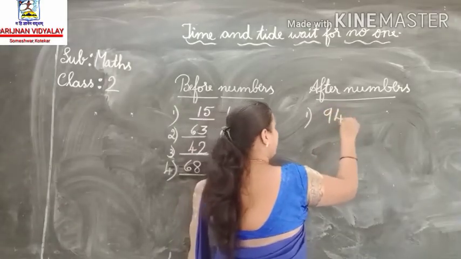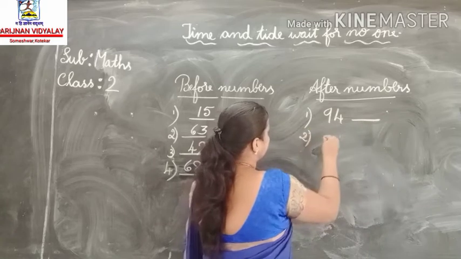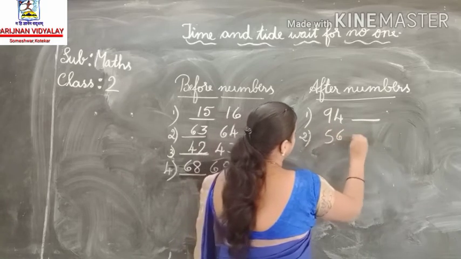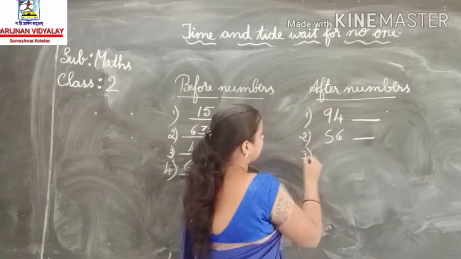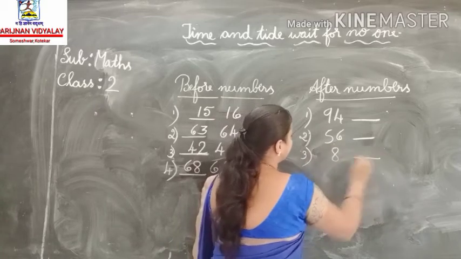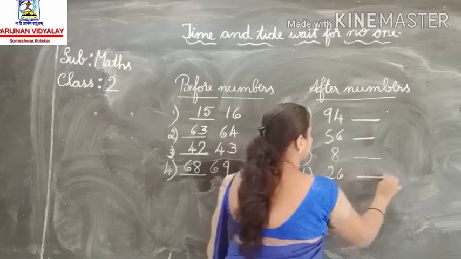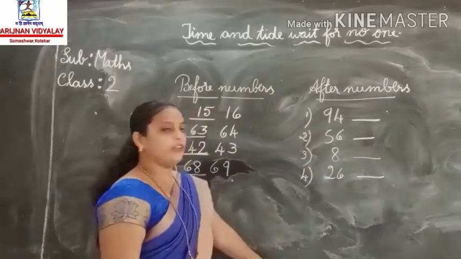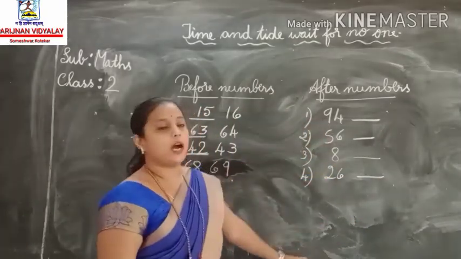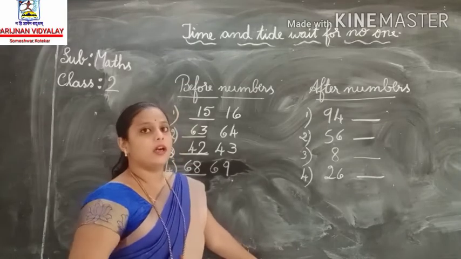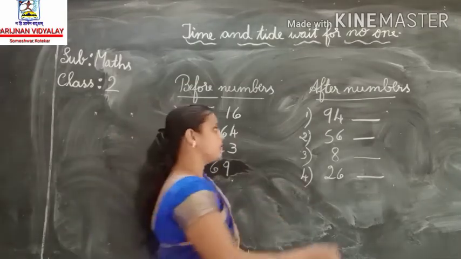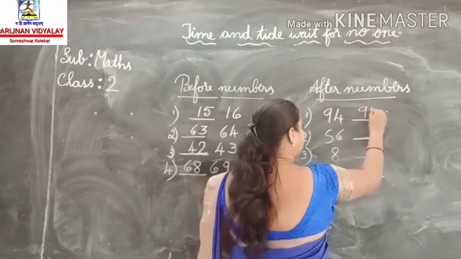Okay. 94, 56, 8 and 26. Can you tell me which number will come after 94? After 94 is 95. Good.